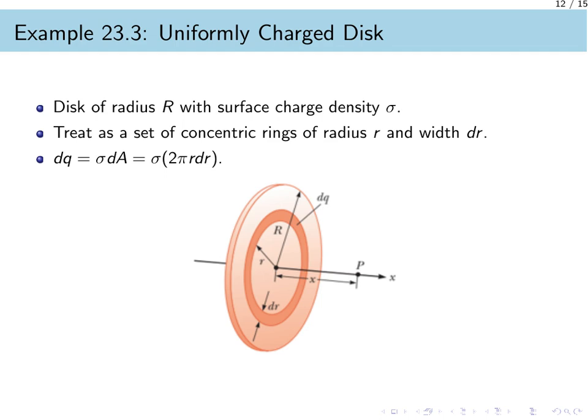A single representative ring within the disk has a radius r and an infinitesimally small width dr. The amount of charge on this thin ring, dq, is simply the surface charge density multiplied by its area, which is 2 pi r times the width dr.